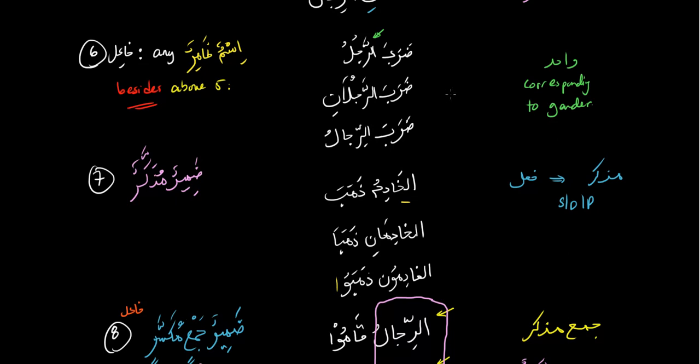And if the fa'il is ضمير مذكر, then the fi'l will be مذكر. So الخادم ذهب, الخادمان ذهبا, الخادمون ذهبوا.